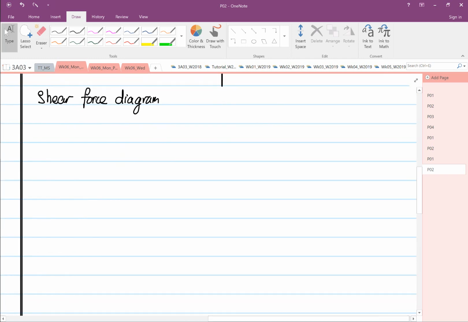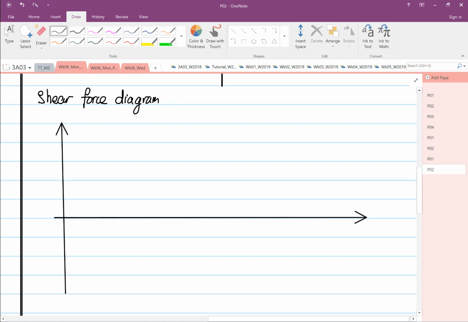So our shear force diagram, this is our shear force, and then this is our axis in x. Okay, so this is our x, this is our V, this is our 0, this is our A, over here is L minus A, and then over here is L.